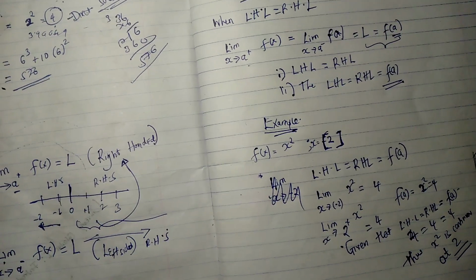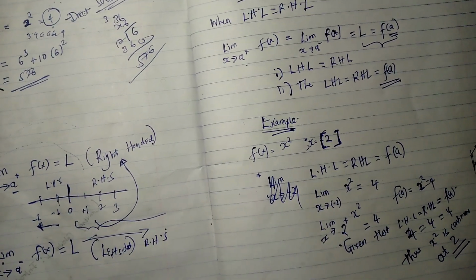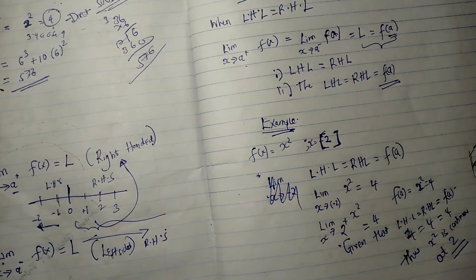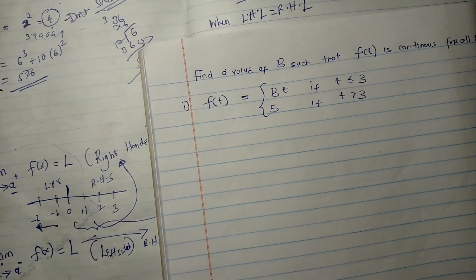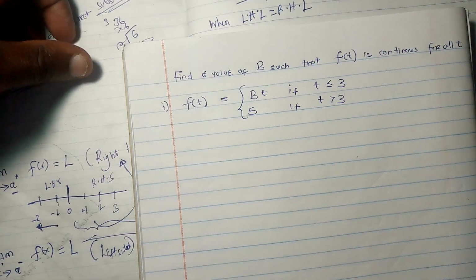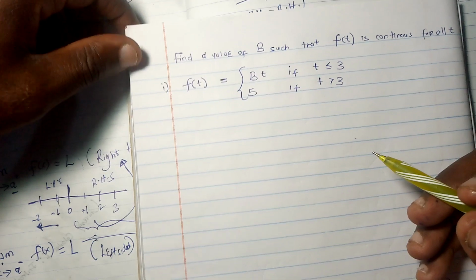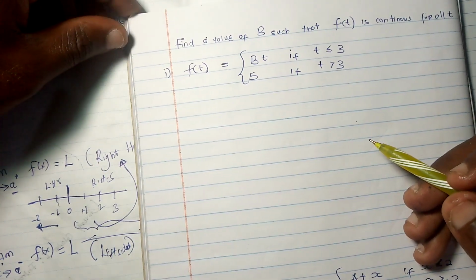Let me say that now we can have an example of a question on continuity. I'll bring in this one here, and we will try to solve this question to understand how to go about it.